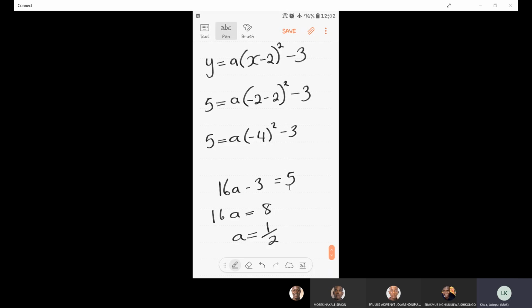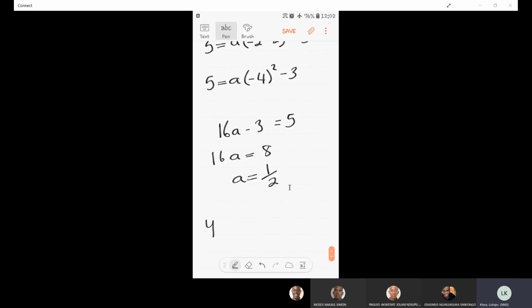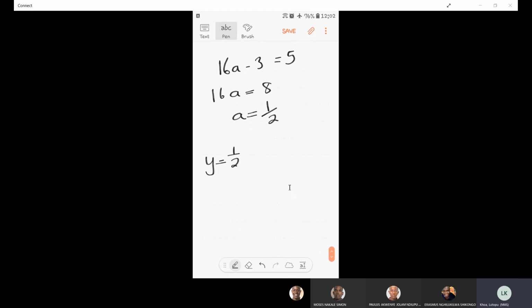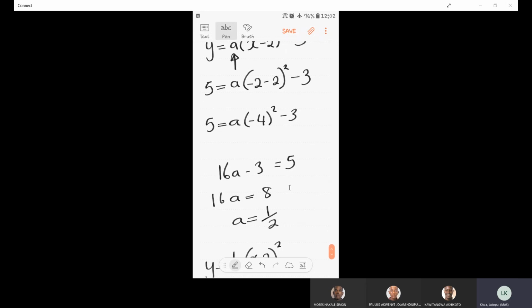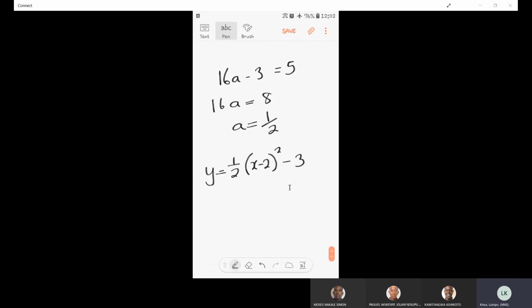Okay, so now I will substitute a half over there and expand the brackets, writing it in standard form, where this is a, this is b, and this is c. So I have y is equal to a half, then x minus 2 squared, plus minus 3.